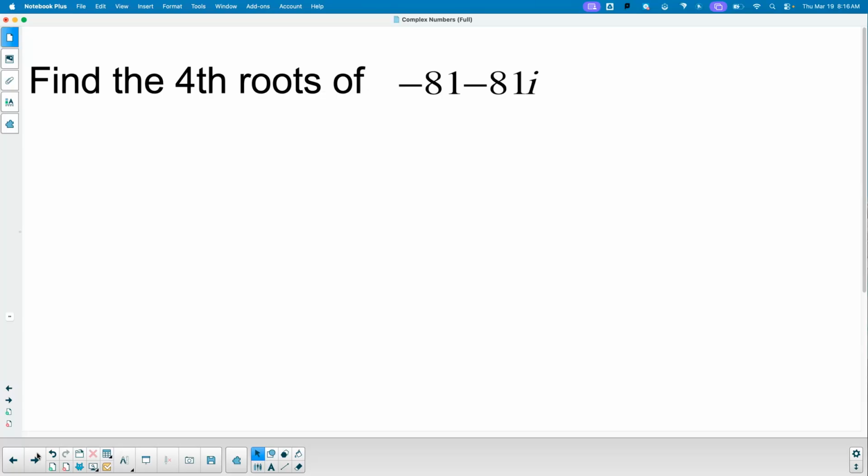Find me the fourth roots of negative 81 minus 81i. Okay? First thing we got to do is what? Convert it to trig form, right? Okay? So if we're thinking about steps, first thing, trig form.